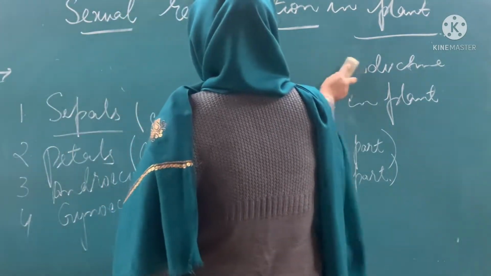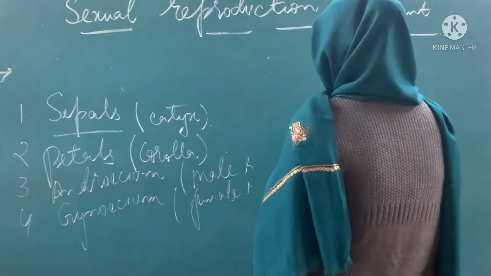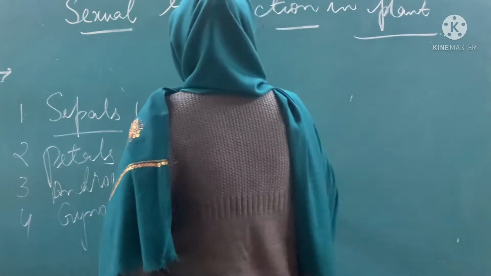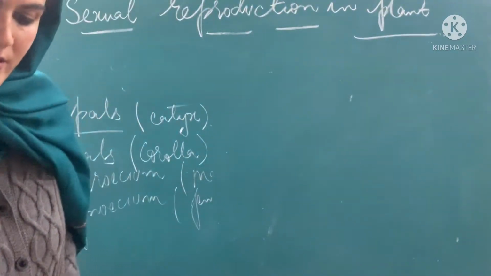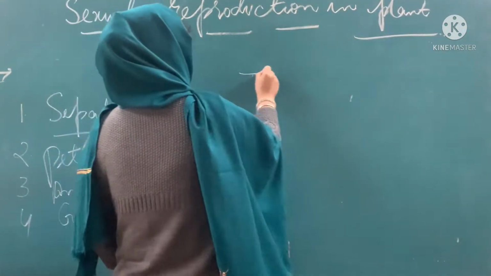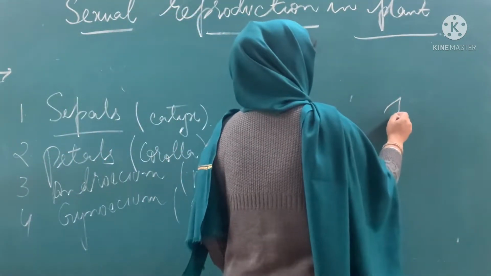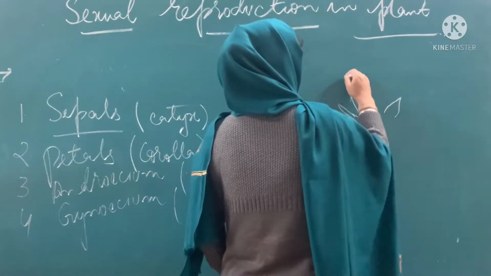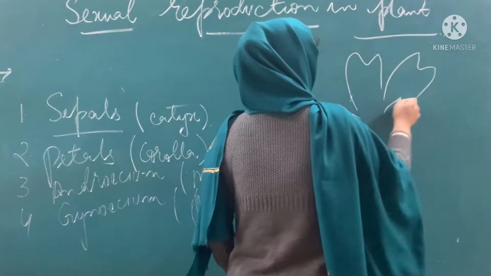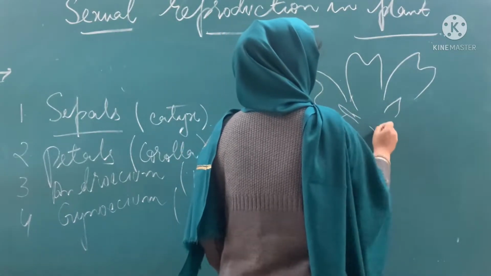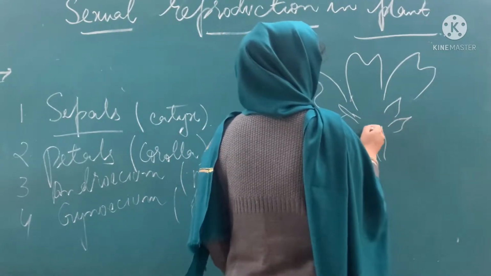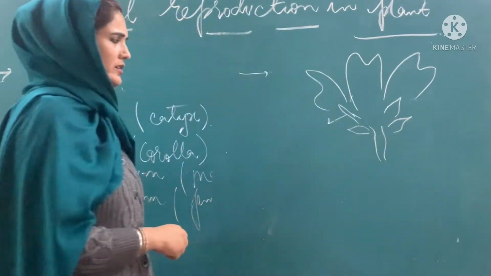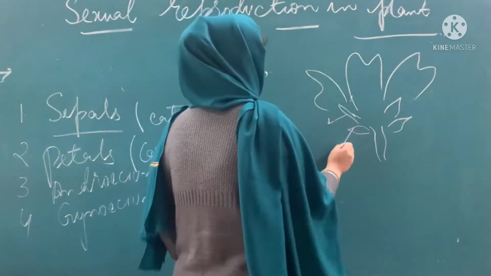First of all, talking about sepals or calyx. They are basically the green leaves at the base of a flower. They are known as the sepals.